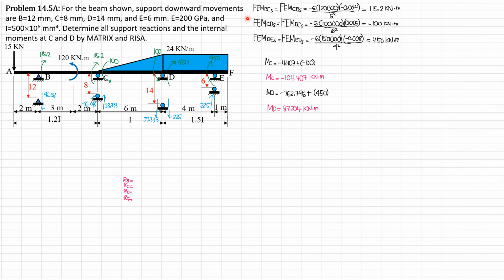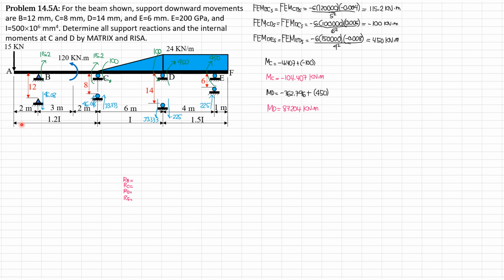So just to review, due to the side sway or support settlements, the effect of the loads are incorporated in the results of RISA. So we just consider the effect of these support settlements. Fixed moment BC due to settlements or side sway is equal to fixed moment CB, negative 6 EI.